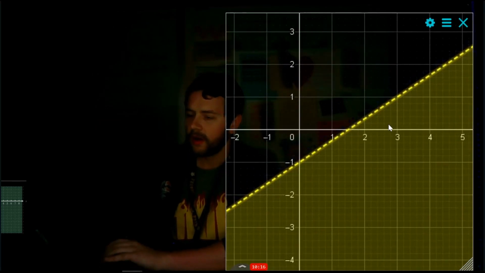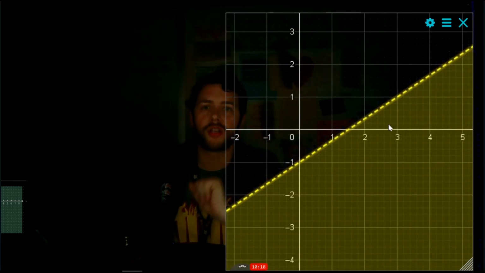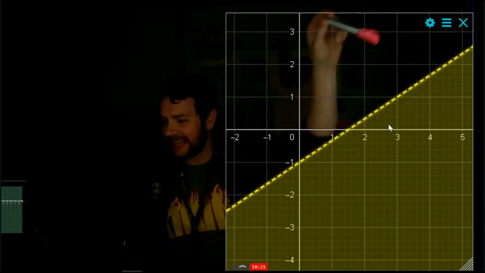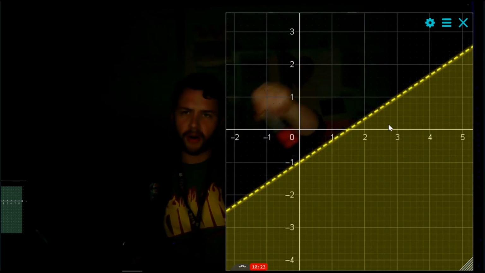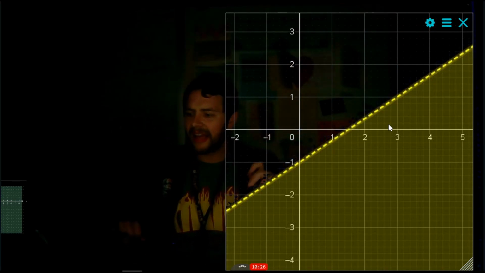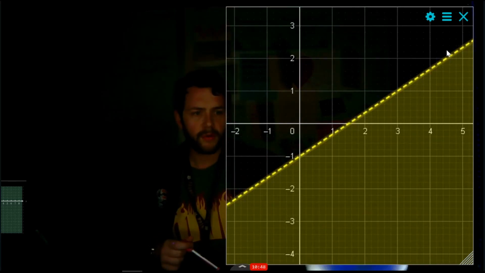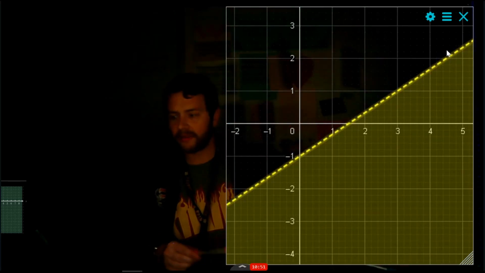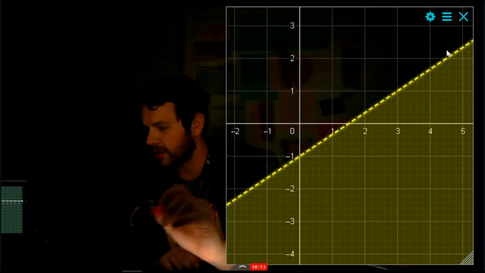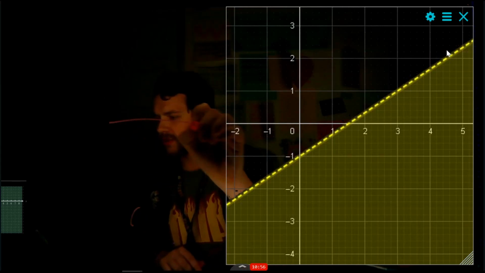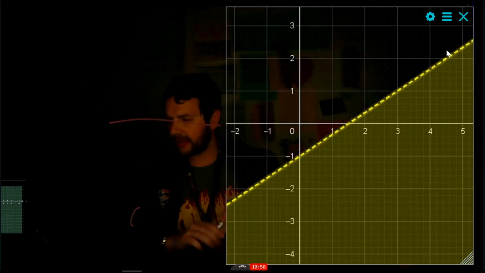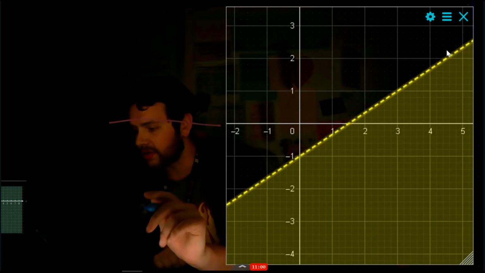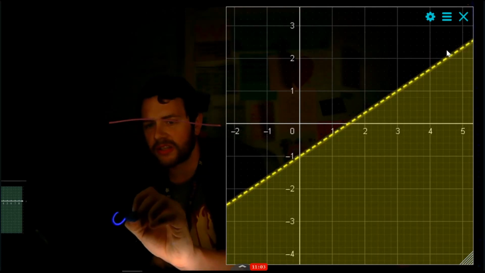Okay, so what points are in the solution? That would be a point that is in this shaded region right here. If it's underneath the shaded line, it is in the solution. So in the solution would be points like 0 and -2.